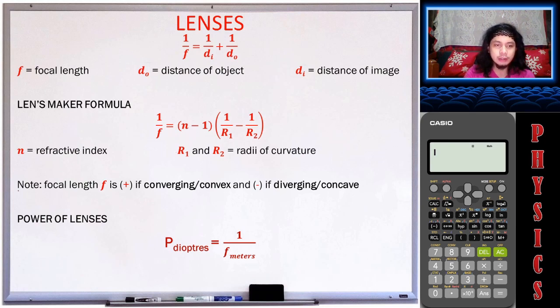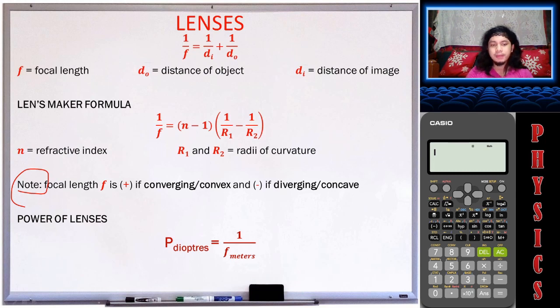Ito mahalagang note: focal length f is positive if converging or convex lens. Otherwise, it is negative kapag diverging or concave. So, pag sinabi na concave lens, matik na magne-negative ang focal length.